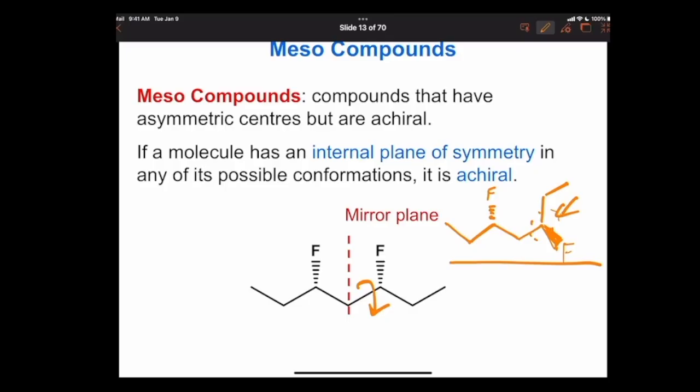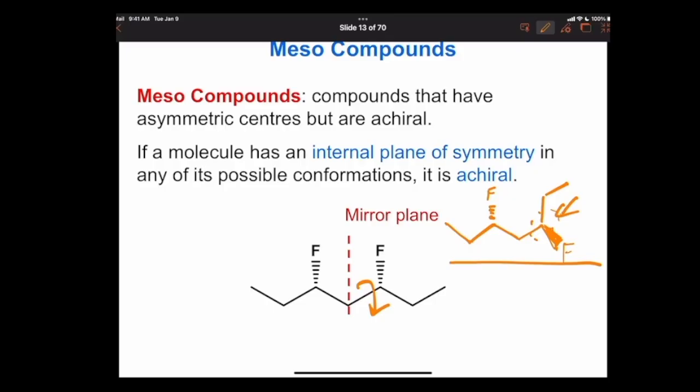That's why I emphasize, look through your molecule. If you find asymmetric centers, you're looking for 2, 4, 6. When you find your asymmetric centers, you're looking for common groups: fluorine on one side, fluorine on the other, ethyl on one, ethyl on the other. And third, you're looking for an inversion. If one asymmetric center is R and the other asymmetric center is S, that is starting to qualify. You may have a mirror plane.